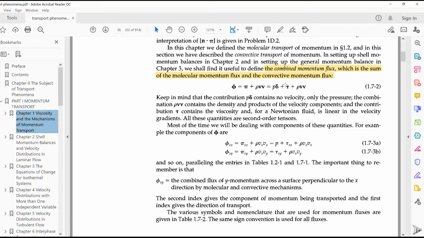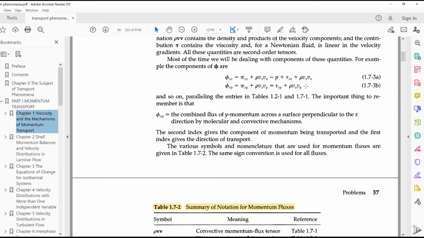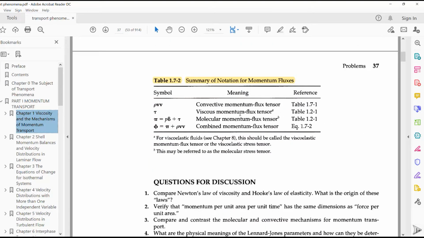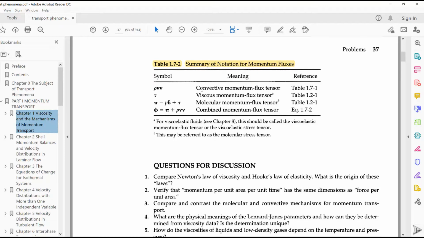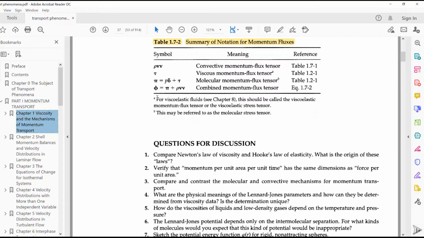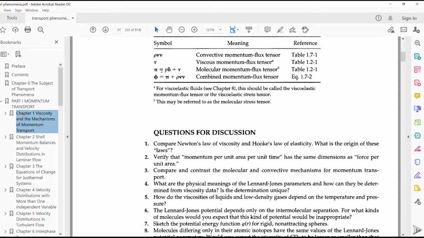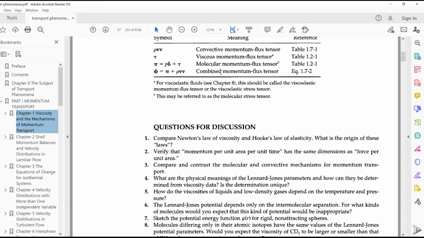The first one is the momentum transport because of the pressure effects, and the second one is the viscous forces, and again the convective flux. This table gives you the summary of all these terms. This is the definition of the convective momentum flux tensor, this is the viscous momentum flux tensor, this is the molecular momentum flux tensor, and this is the combined momentum flux.